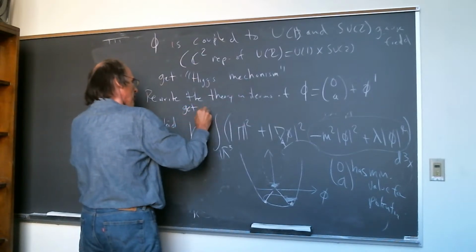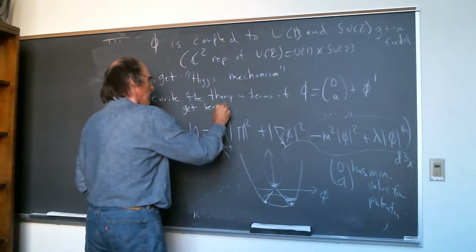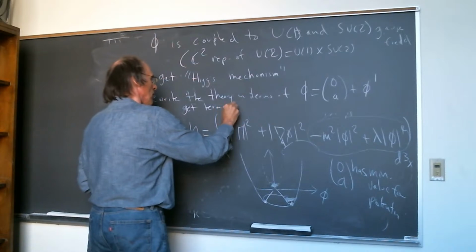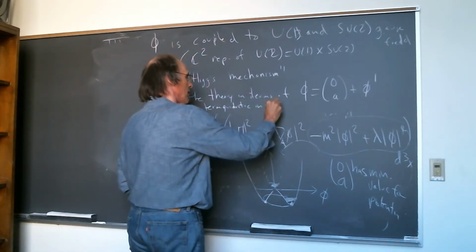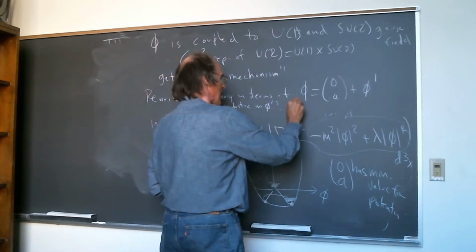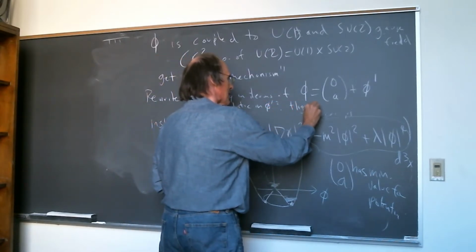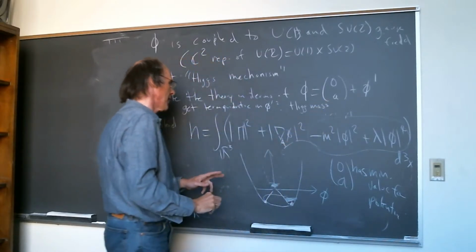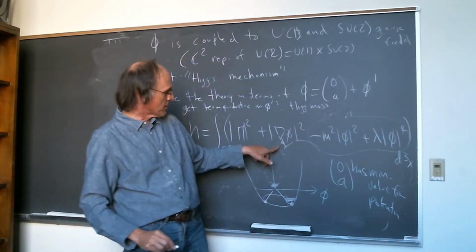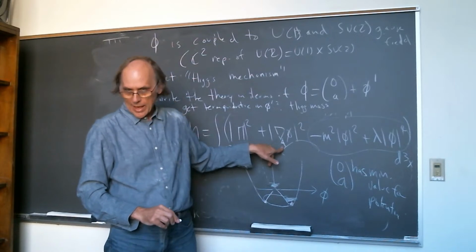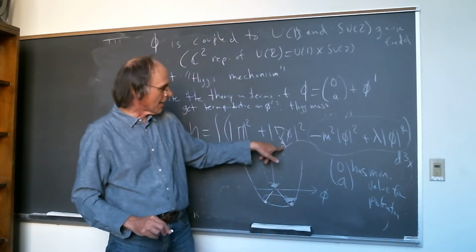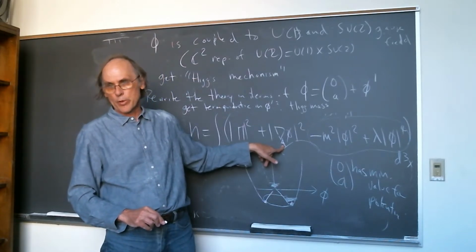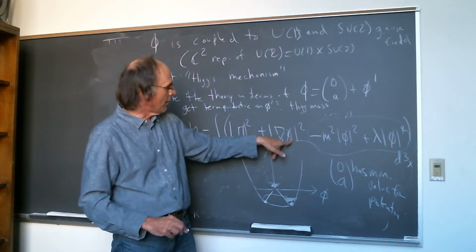You get a term quadratic in phi prime, and this is the Higgs mass. But you also get here, remember, this guy had a factor of a in it. When you take the square, you're going to get a quadratic term with a's in it.